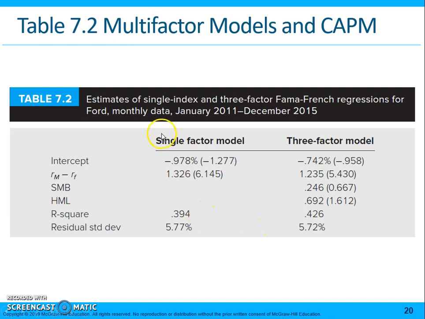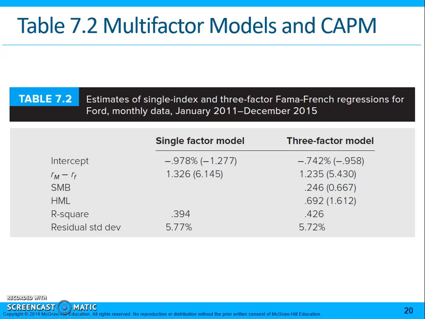So in Table 7.2, we have two regressions. We have our single factor model and three-factor model. In this case, we're talking about Ford. We have our intercept, and then we have our excess return on the market. And then in the brackets we have our T statistics.